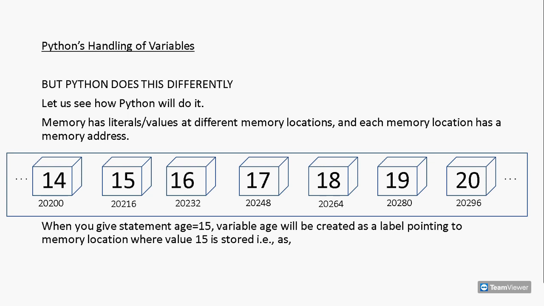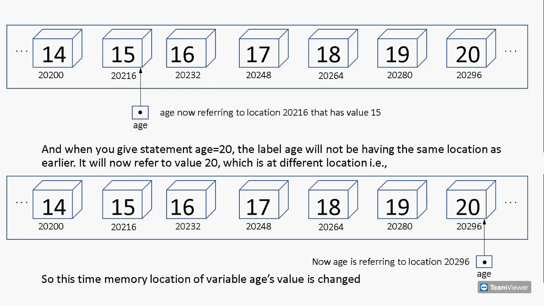When you give the statement age = 15, the variable age will be created as a label pointing to the memory location where the value 15 is stored. That is, age now refers to the location 20216 that has the value 15.